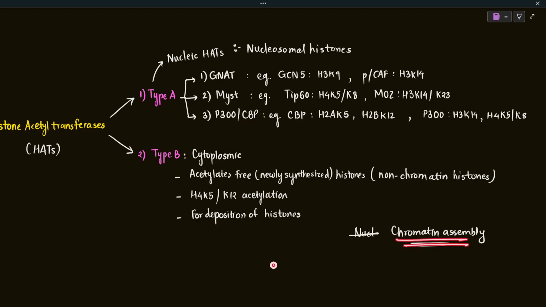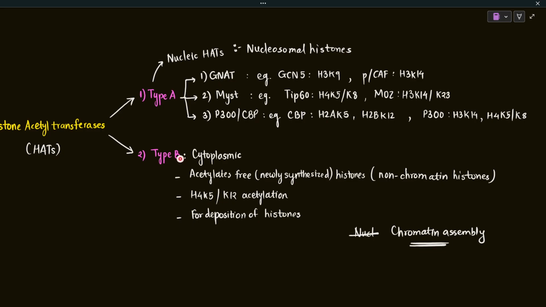The H4K5 and H4K12 residues are acetylated in the cytoplasm. Only those residues are acetylated by type B HATs, while type A HATs are of those three different types.